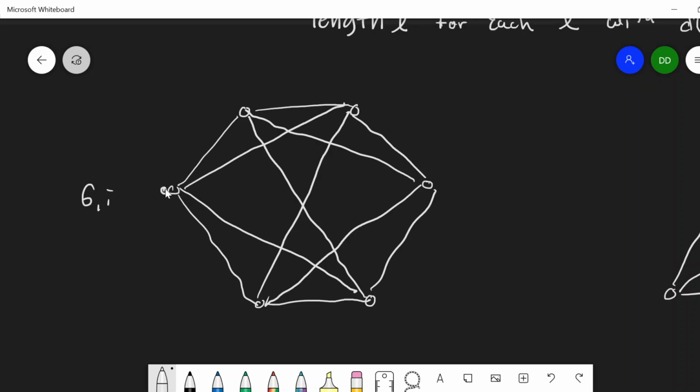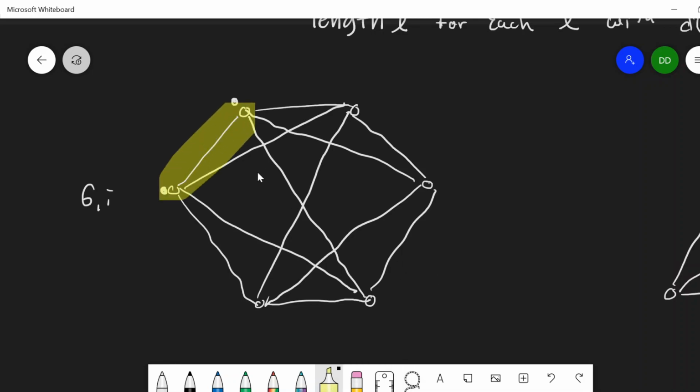So let's say I pick this vertex and this vertex. The distance between them is 1. And so if I claim this is pan-connected, we should be able to find a path between these two vertices of length 1, length 2, length 3, length 4, length 5, and that's it. That's the highest length you could possibly get in a graph of order 6. And certainly we can do that.